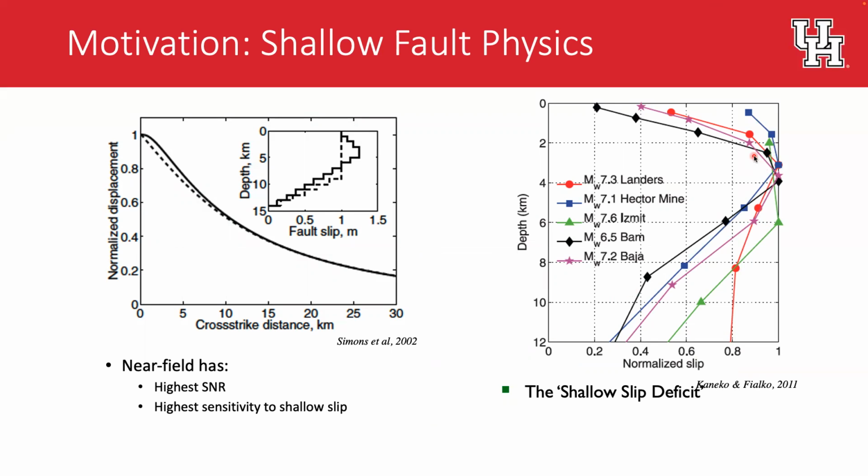And I'm not going to go too much into these two figures, but the one takeaway I want you to get from this figure is that here I am showing two different profiles of slip along the fault. The solid line shows slip that is at maximum at 5 kilometers deep, and then tends back towards zero as it goes closer to the surface.